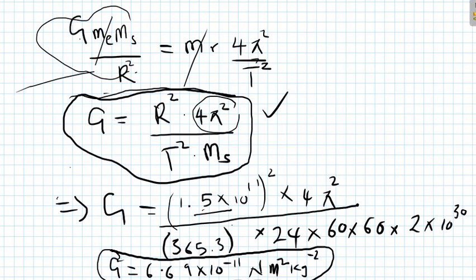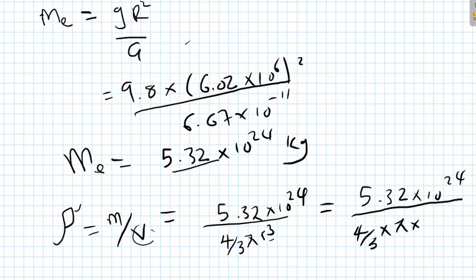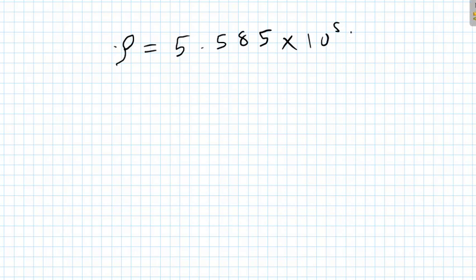If we replace there, we find the average density will be 5.885 times 10 to the power 5 kg per cubic meter.